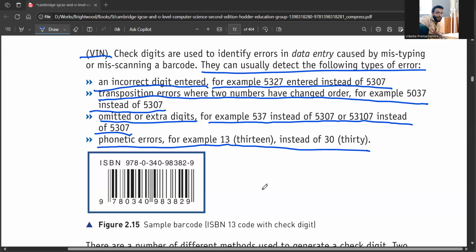It should be included, for example 5327 entered for the 5300. Okay, such that.